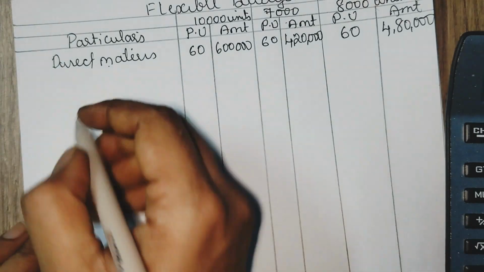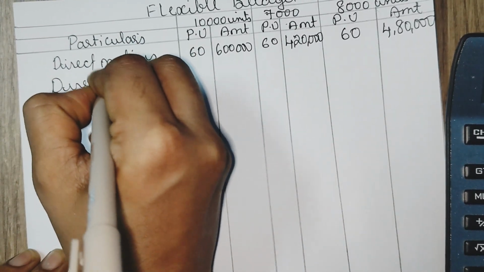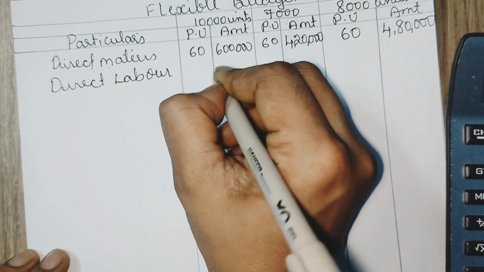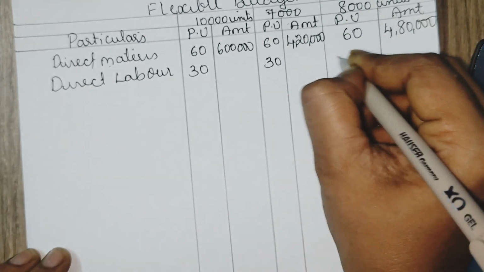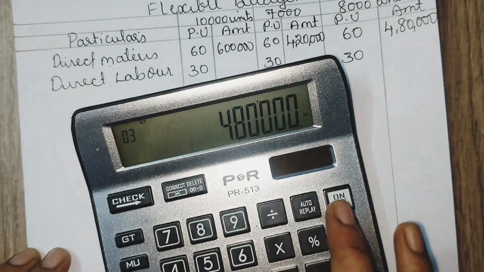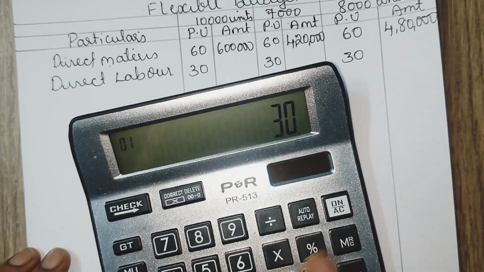Then next we have direct labor. Direct labor is 30 per unit, and here also 30. Flexible budget is very easy. You need to understand that only three types of questions may be given.